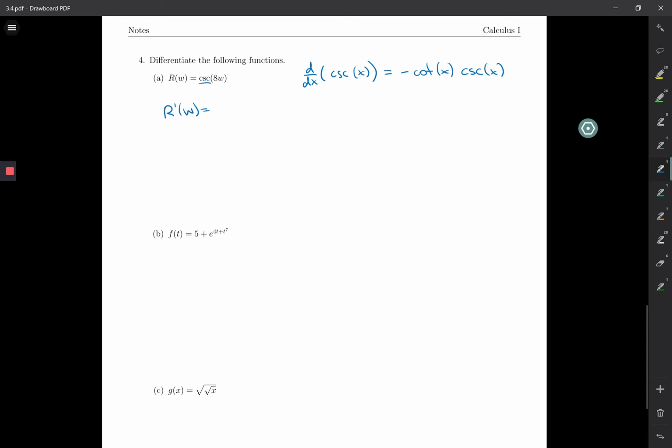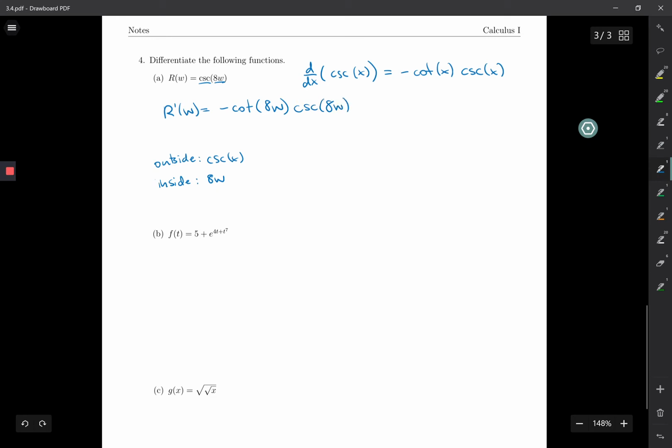And so our outside function is cosecant of x, and our inside function is going to be 8w. Okay, so the first thing we do is we take the derivative of cosecant, which we've written right here, and remember that this is evaluated at the inside function, so we have to have 8w inside.